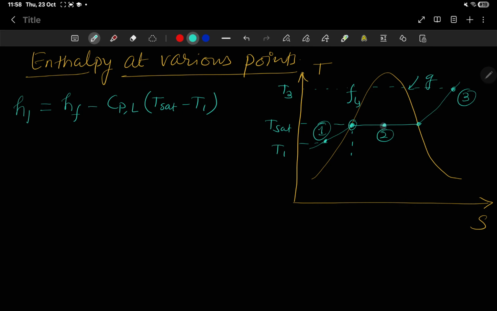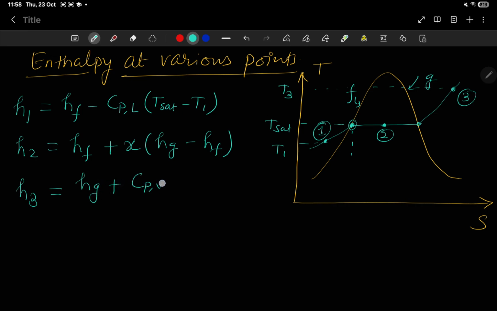Now how do we define enthalpy at 2? Enthalpy at 2 will be hf plus x times hg minus hf. Okay, this is enthalpy at 2. Now enthalpy at 3, how do we define this? This will be hg plus Cp vapor into T3 minus T saturation.